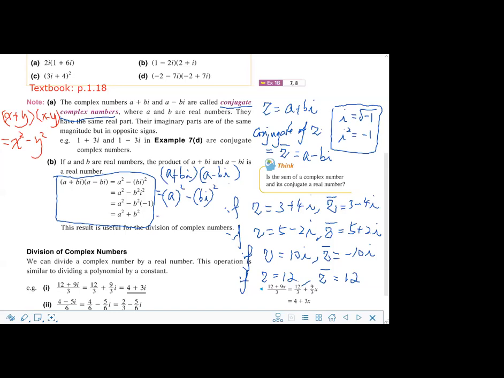Then a squared minus (bi) squared becomes a squared minus b squared i squared. But the i squared is always changed to -1, so it becomes b squared times -1, and it becomes a squared plus b squared.